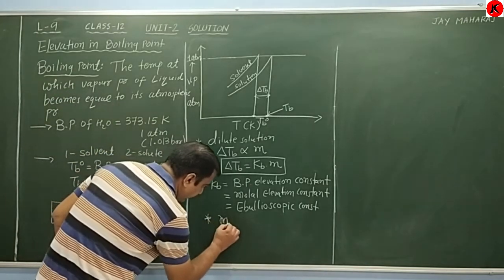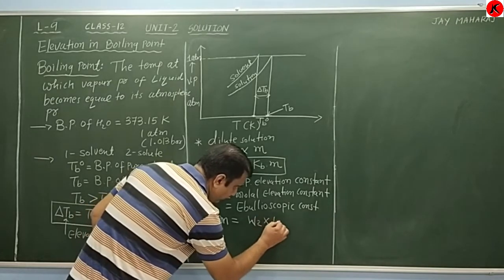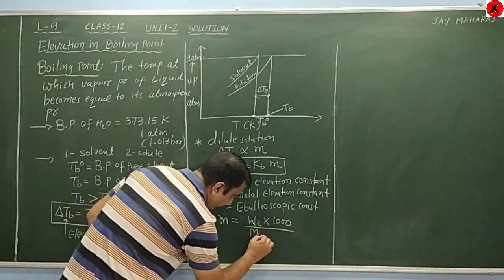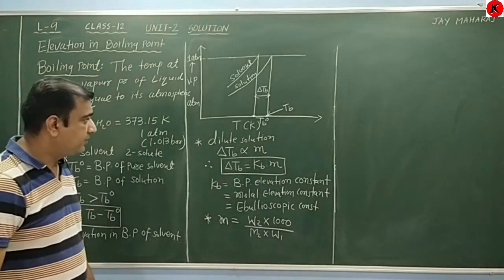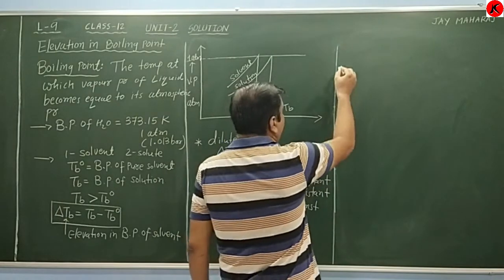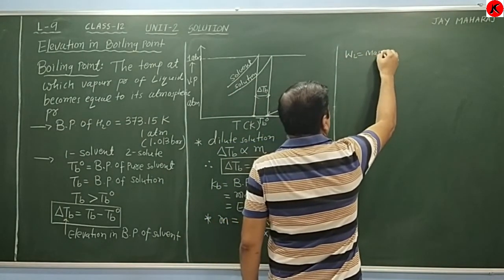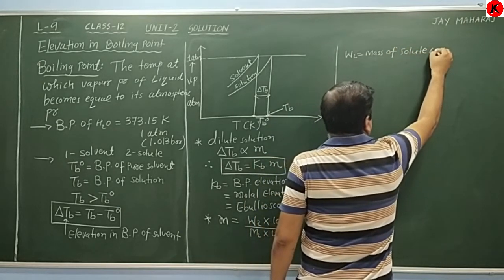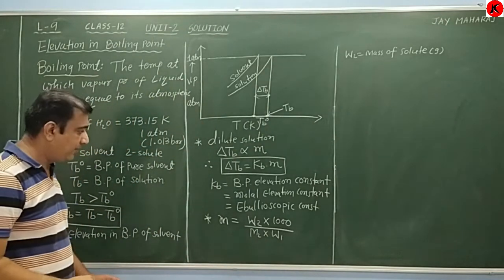Then molality can be written as W2 into 1000 divided by M2 into W1. Now what is W2? W2 is the mass of solute. We have to take the mass of solute in gram. 2 means solute, 1 means solvent.